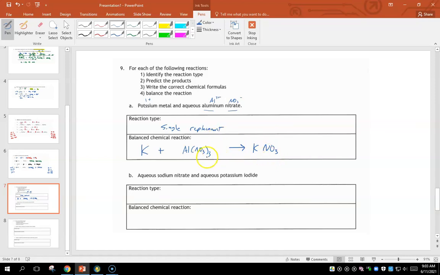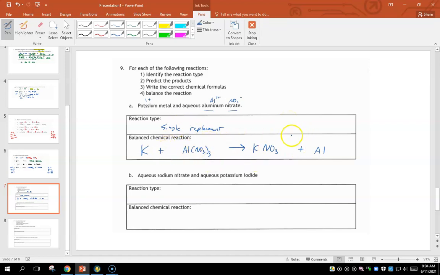But I don't need that extra subscript because potassium is a plus 1, aluminum is a plus 3, which is why I need 3 nitrates to balance that charge out. And then I'm going to be left with aluminum metal all by its lonesome. So a little partner swap, or sorry, partner replacement there.